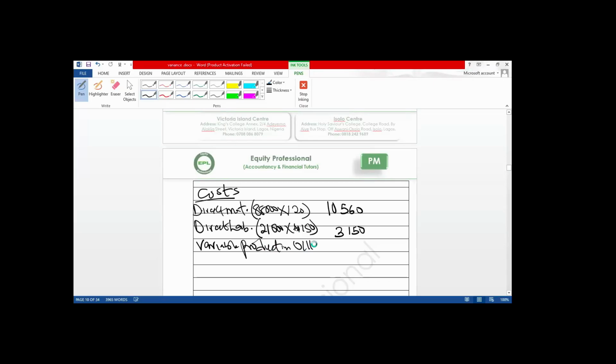Actual, how much? 660,000. Pick your fixed production overhead. Actual, how much? 360,000. Now sum up your costs. Total.